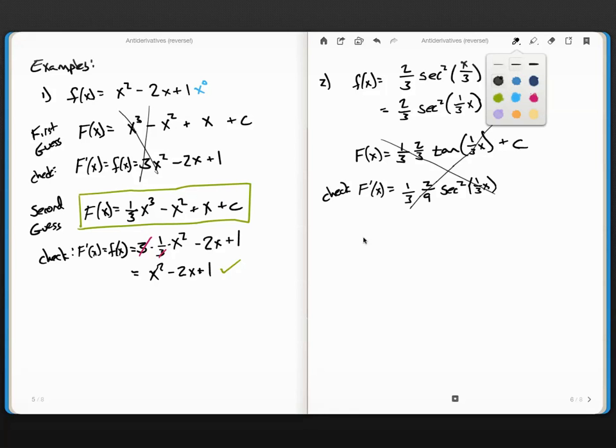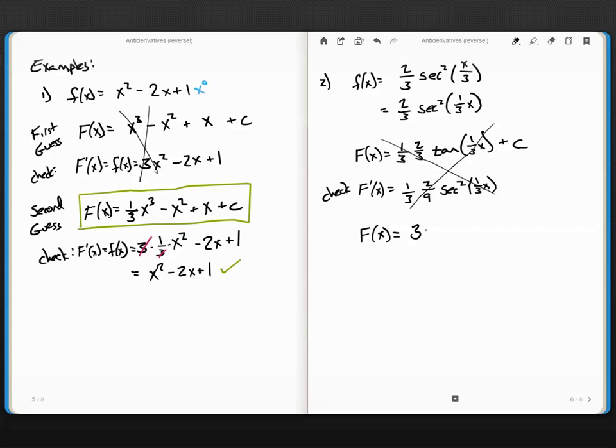Let's try it again. I'm going to say that big F of x equals, oh yeah, I got to divide by the constant that's in here. So since it's a 1/3, I got to divide by 1/3, which really means I multiply by 3.